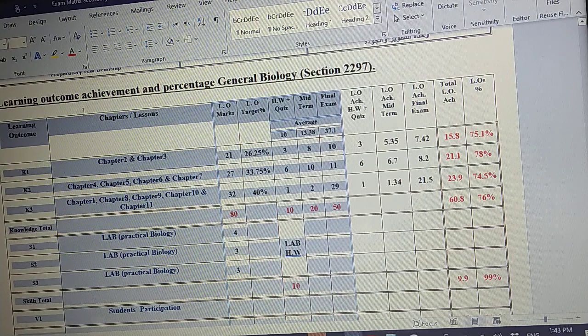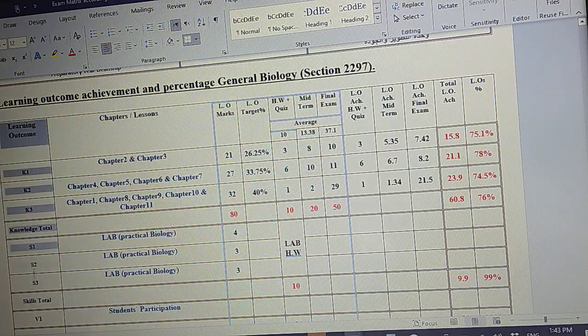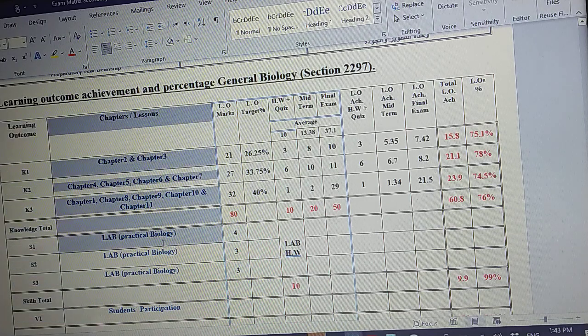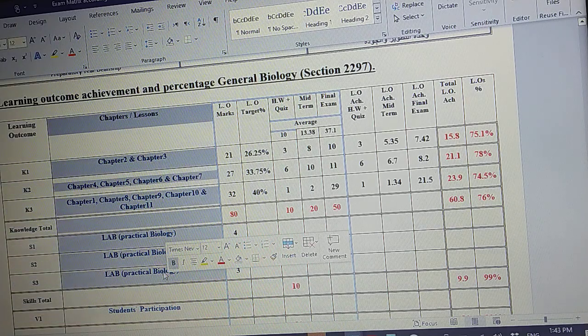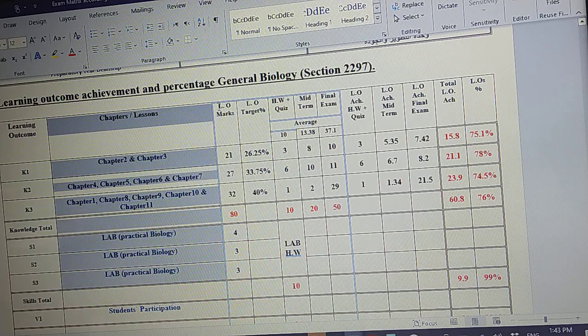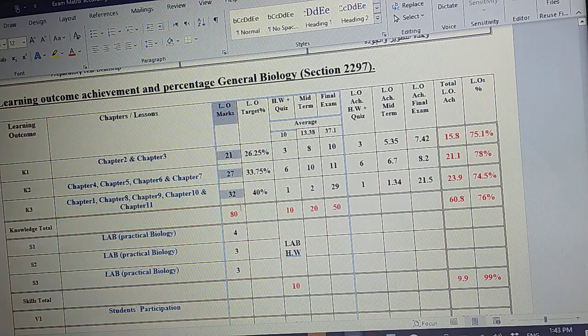I have the course learning outcomes, the aligned chapters or lessons of the course, the learning outcome marks, and here I have something new, which is the learning outcome target, the percentage.